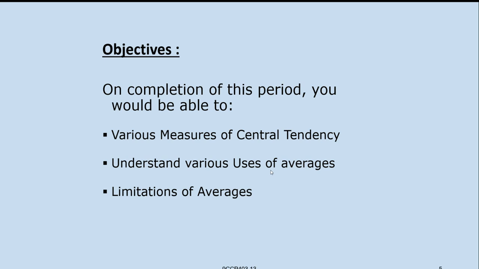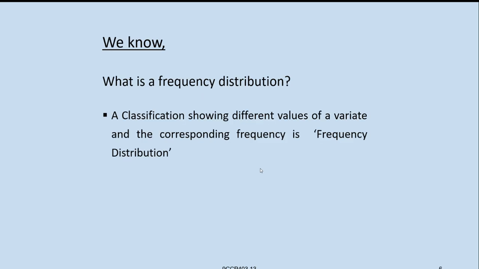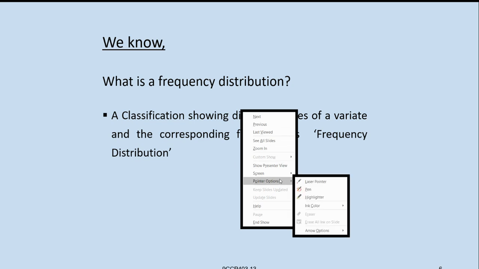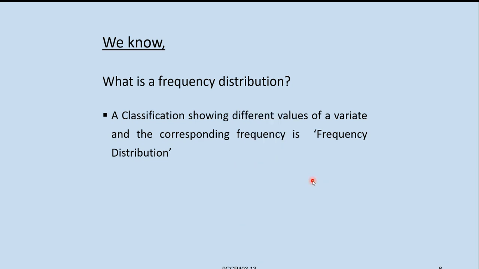The objectives of this lesson are to know various measures of central tendency, to understand various uses of averages, and to understand the limitations of averages also. We already know what is frequency and what is frequency distribution.